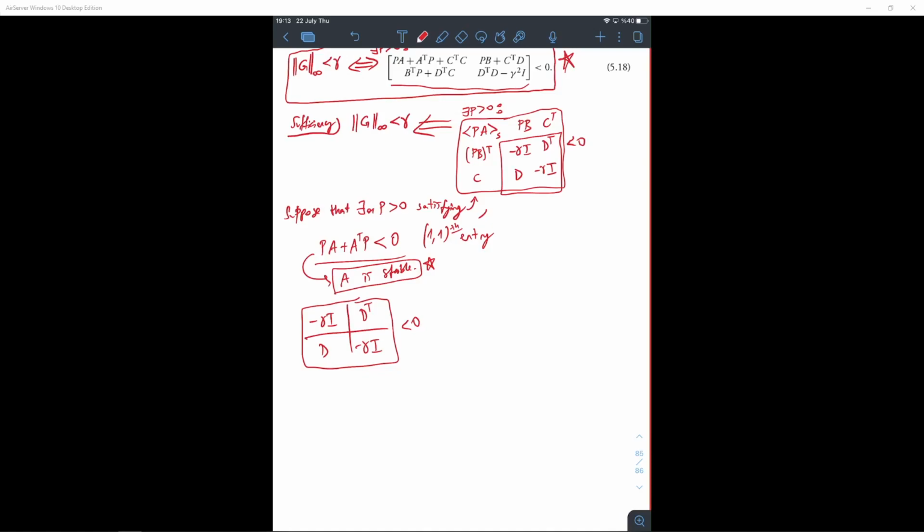And by using Schur lemma we are going to reach, but let me try that, minus the transpose, okay, alright, this must be negative, and let's multiply it with gamma, minus gamma square plus D transpose D, gamma square identity.